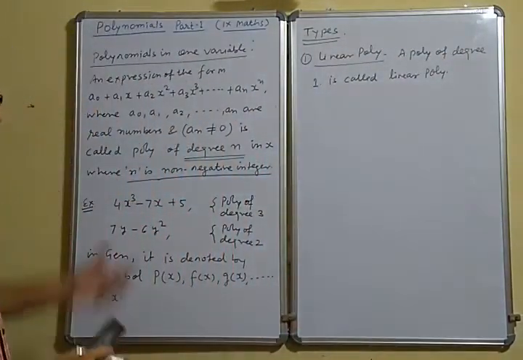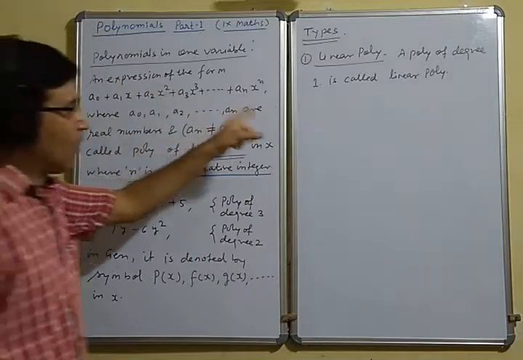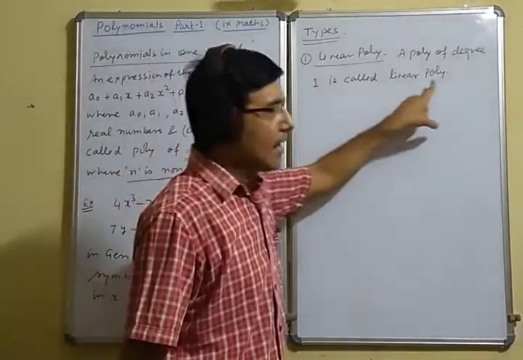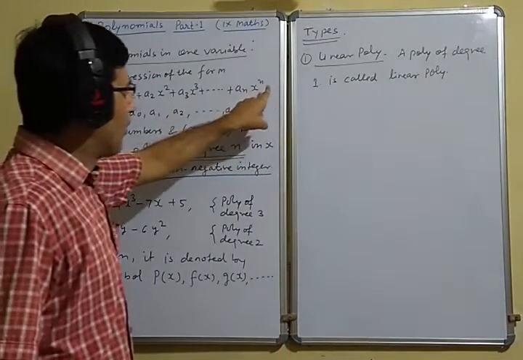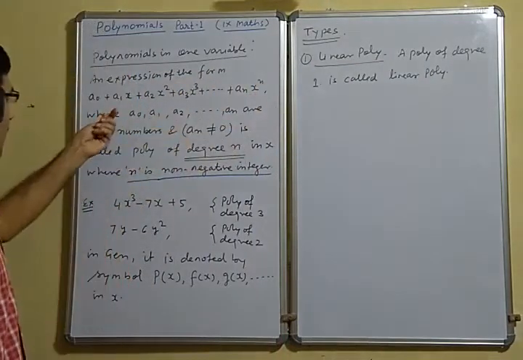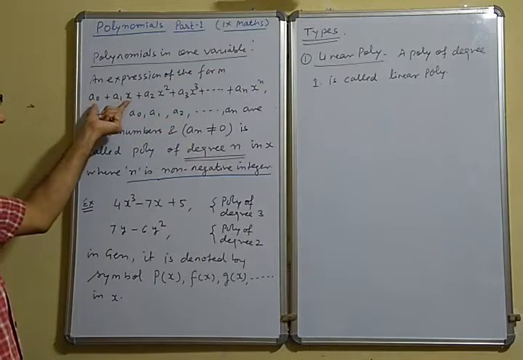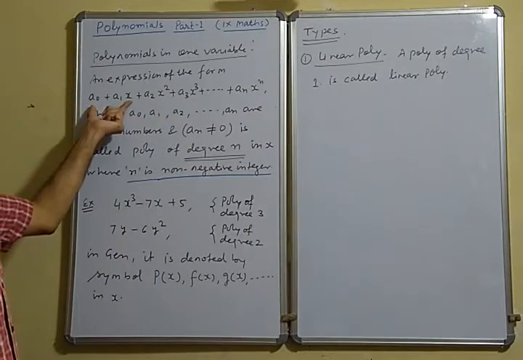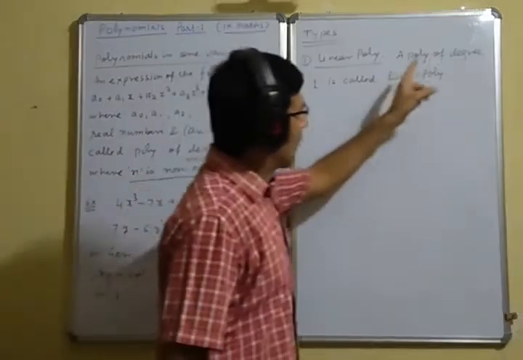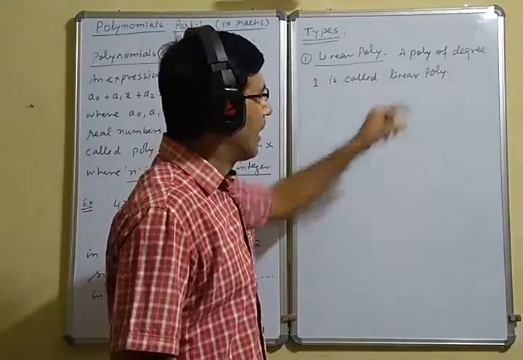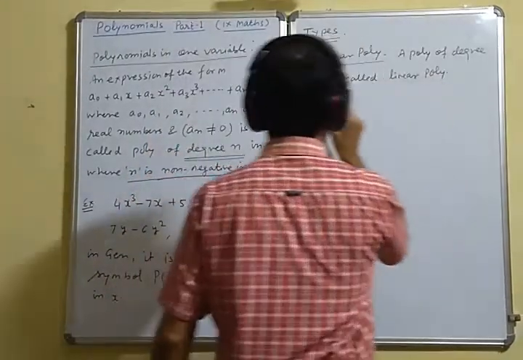So this polynomial is of degree n. Now if the degree is 1, it is called linear polynomial. That means the value of n is 1, so we will get a0 plus a1x. If a polynomial of this type is given, it is a linear polynomial. So a polynomial of degree 1 is called linear polynomial.